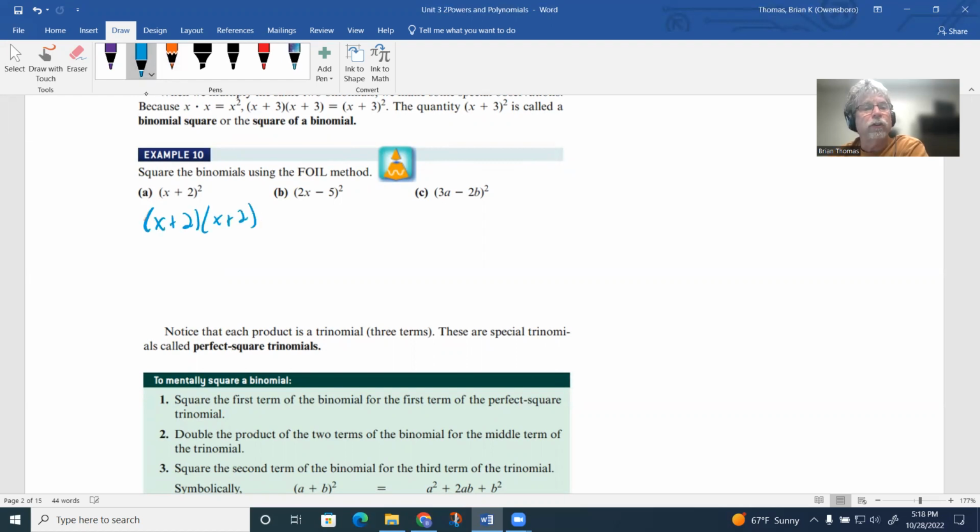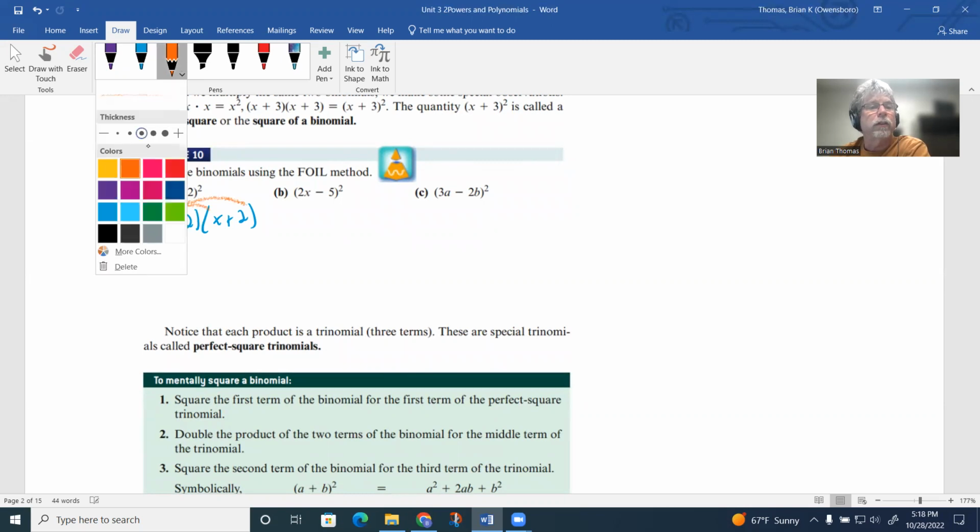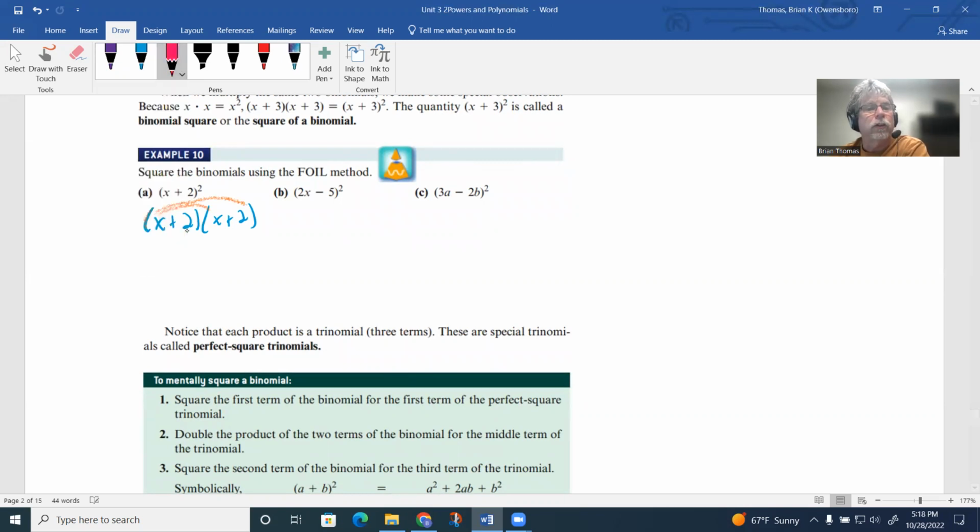Again, if I want to do this by using FOIL, the first terms are the x to the x, and then the x goes with the 2, that's the outer. And then you loop it in. The 2 goes with the x, that's the inner. And then the 2 goes with the 2. Those are my four multiplications.